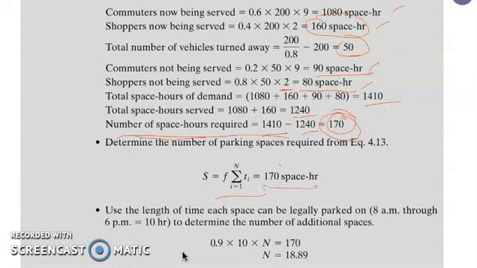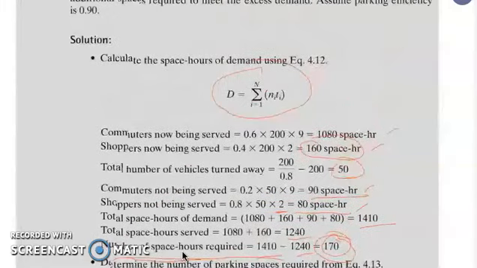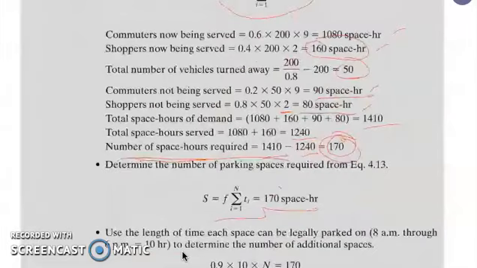Now to determine the number of additional spaces, we simply have to multiply our parking efficiency, which is 0.90, times the number of hours from 8 a.m. to 6 p.m., which is equivalent to 10 hours, so times 10, times n, the number of parking spaces.